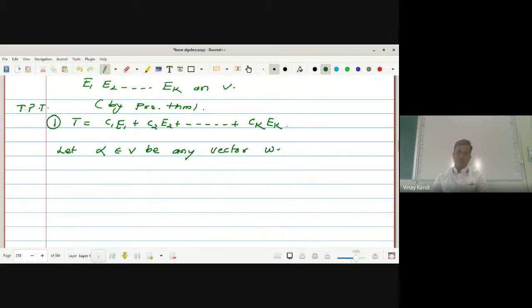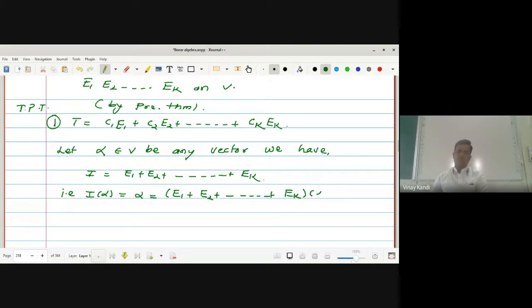So we have, by the second statement, I equals E1 plus E2 plus up to Ek. So I of alpha equals E1 plus E2 plus up to Ek of alpha.